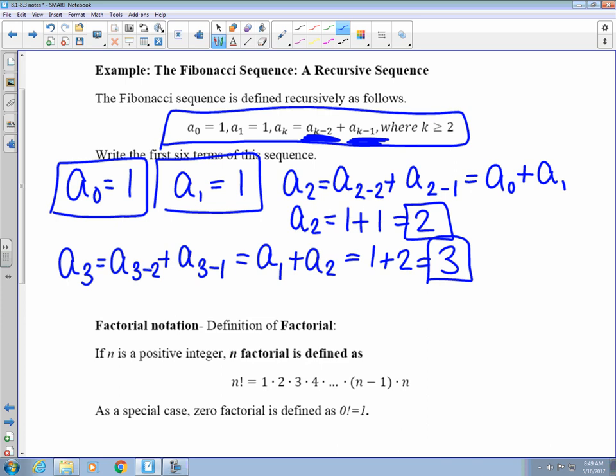So what I'm starting to see happen is that it's taking the previous two terms and adding them together. So if we're starting to recognize that now, I don't feel like we necessarily have to keep plugging them in like that. If I'm starting to see the first terms, 1, 1, 2, 3, now to find a sub 4, I'm just going to add the two previous terms, so 2 and 3.